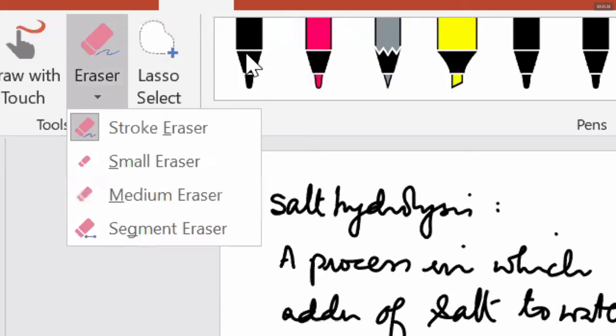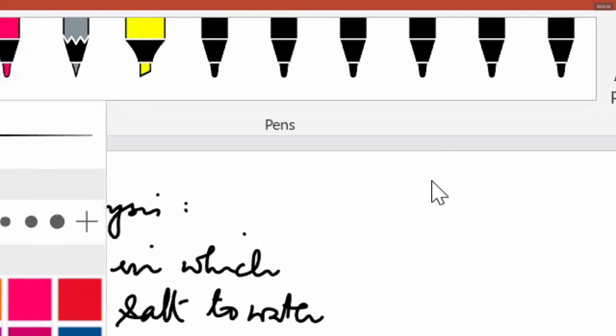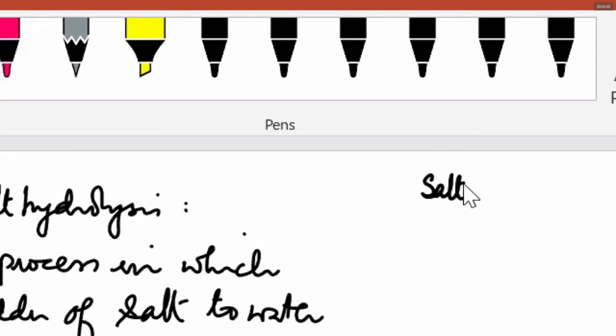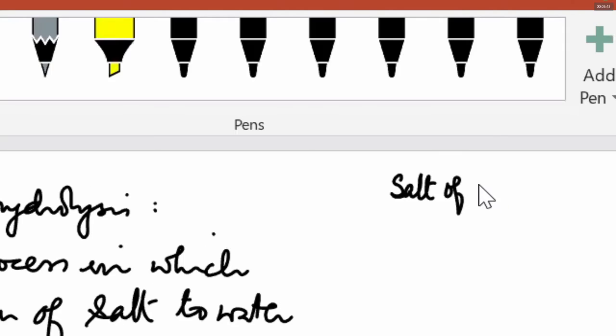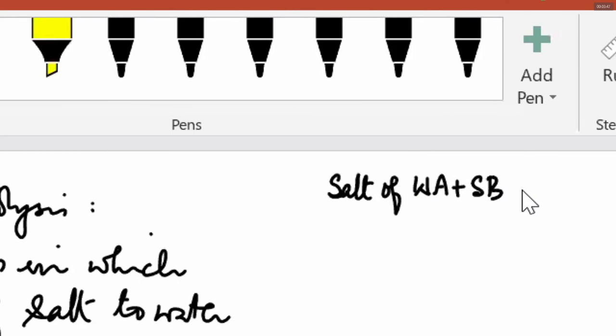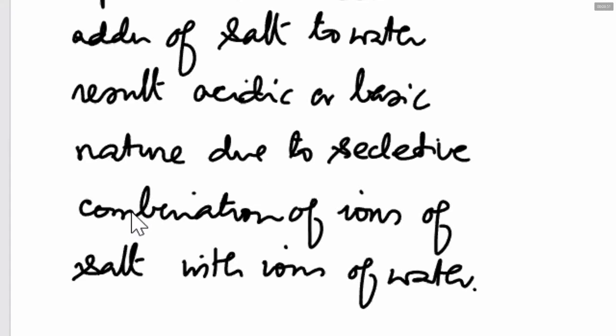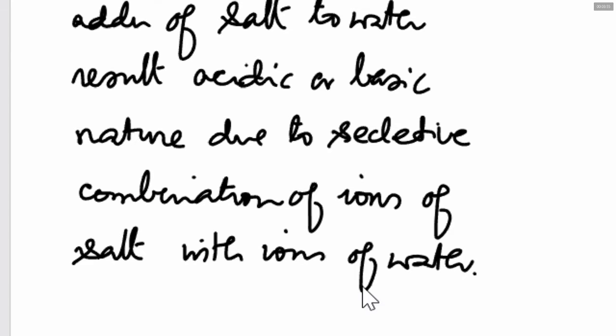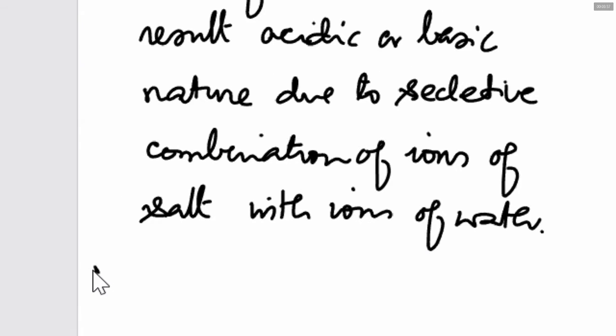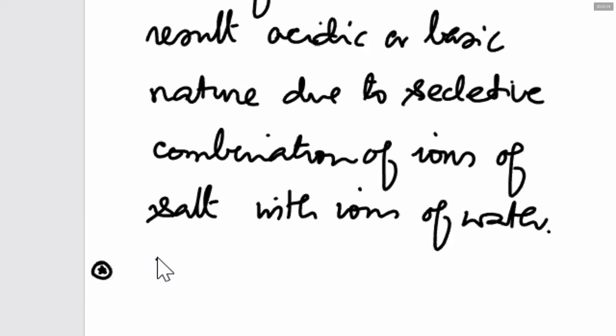I'll classify like this: salt of weak acid and strong base. Now I'm combining the discussion. When you say there is a selective combination of ions of salt with ions of water, remember that you can classify salt hydrolysis like this.